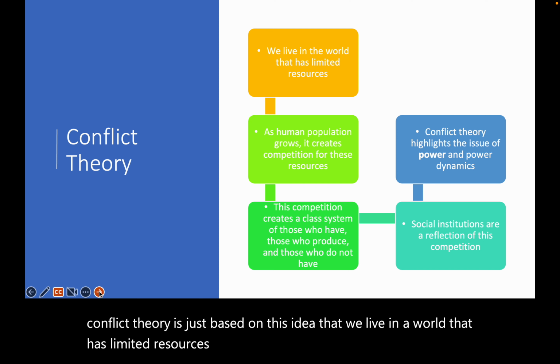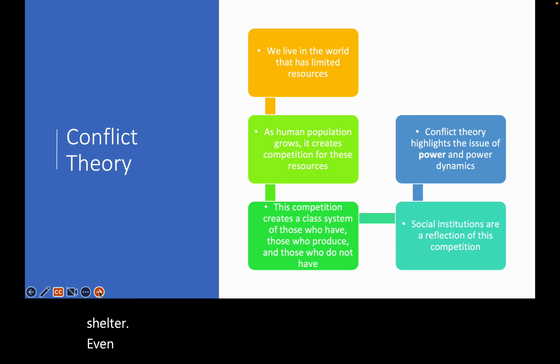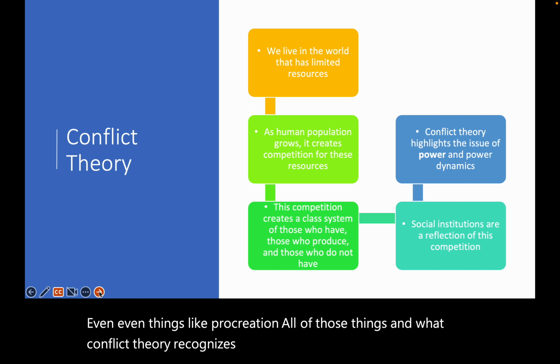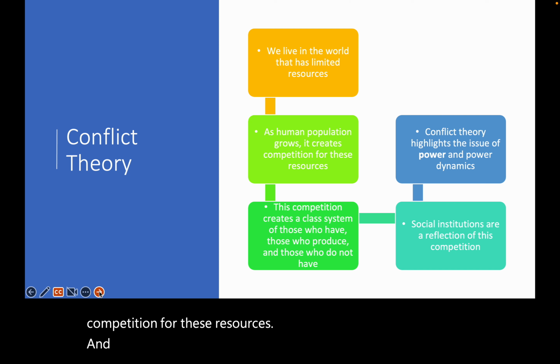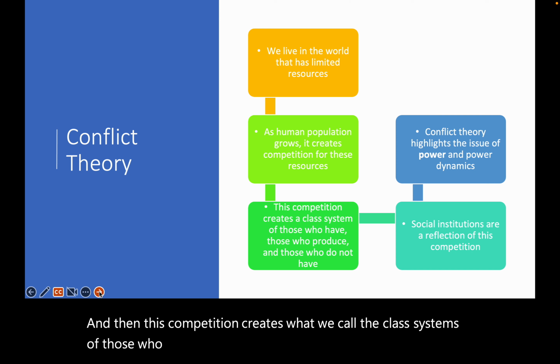There's limited resources for us for food, shelter, even things like procreation, all of those things. And what conflict theory recognizes is as human populations grow, it creates competition for these resources. And that this competition creates what we call the class systems of those who have, those who produce, and those who don't have.